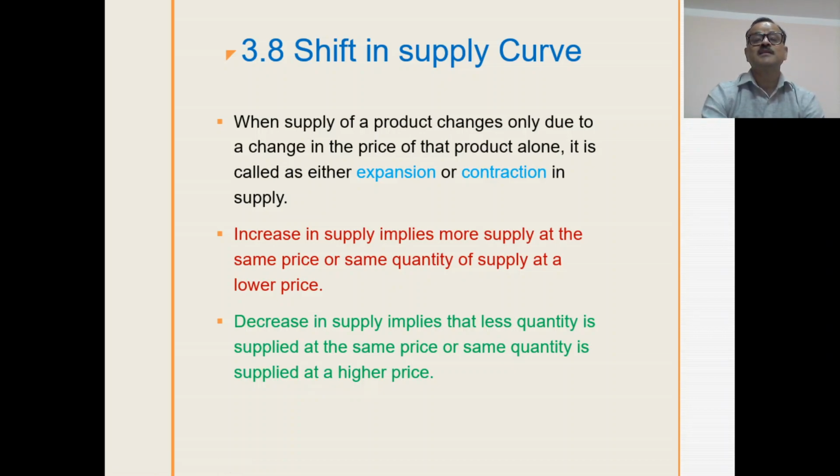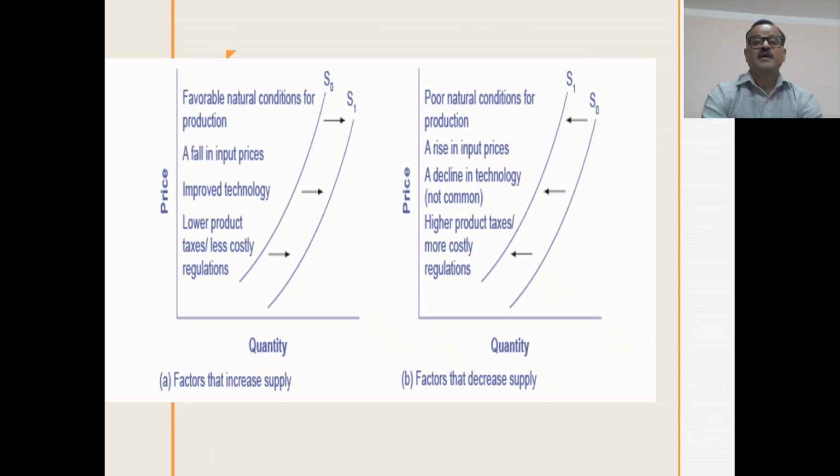We can see this here in the figure. You can see this is the original supply curve, which is moving upward smoothly, and it is shifting forward to S1.